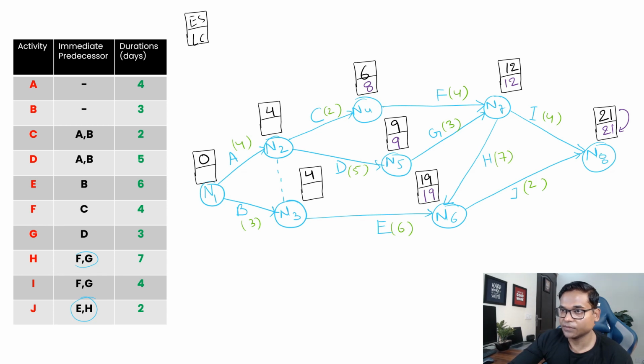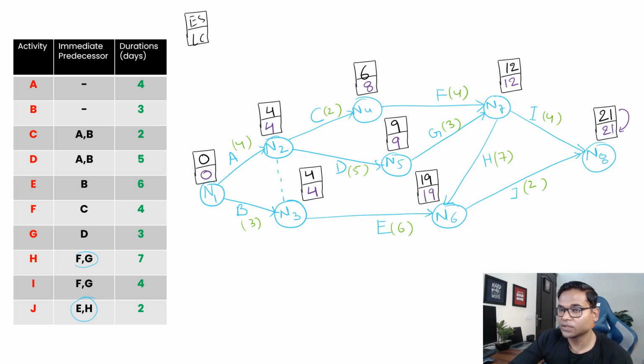Then again here we have the dummy activity, so 4 minus 0 is basically 4, so we will take 4 here. 9 minus 5 is 4, and 8 minus 2 is 6, so we take the lowest one, 4, followed by n5 and 2. Then 4 minus 4 is 0, and here 4 minus 3 is 1, so we'll take the lowest, which is 0.